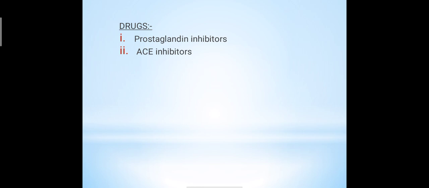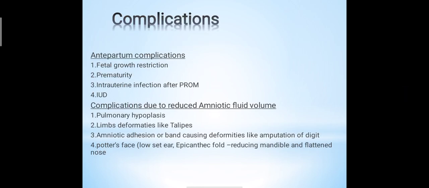Now we look at the complications. It could be antepartum or intrapartum. Antepartum, there is fetal growth restriction. I have told already about the pathology of fetal growth restriction. And prematurity, intrauterine infection, PROM, and IUD.